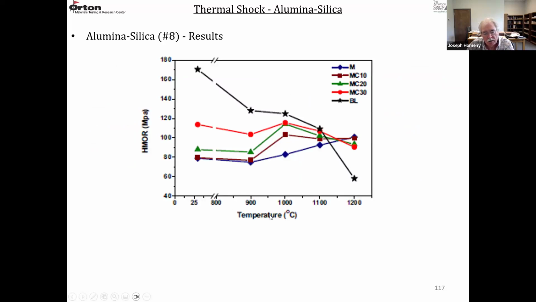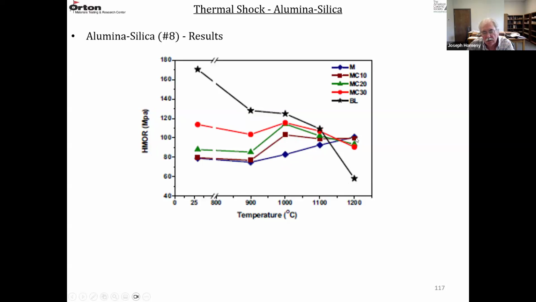So Hadamard versus temperature looks like this. This one, the star in black, is the corundum, and it really falls off in strength as a function of temperature because of the impurity phases present. But the blue diamond dots here are pretty steady.